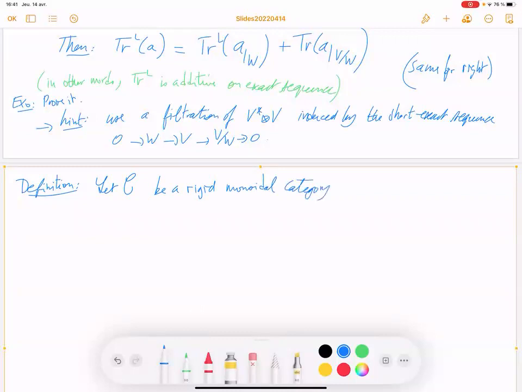We will define it formally, but we will also provide some pictures for the intuition of that. Okay. So a pivotal structure.